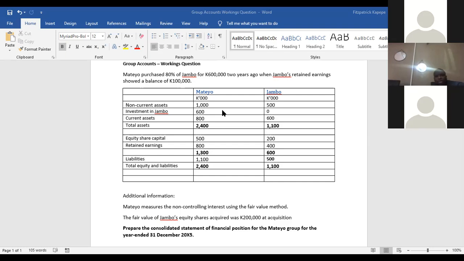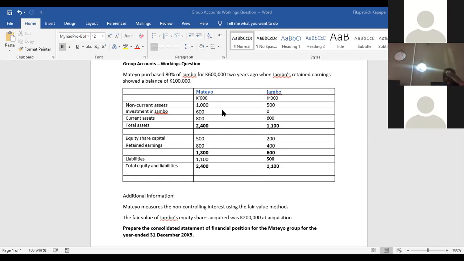If you look at additional information on the screen, the fair value, yes, we are given. But now to get onto the NCI, we have to add fair value consideration 1380. That is 1380 in that other question. In this question, the fair value consideration was the amount they paid.